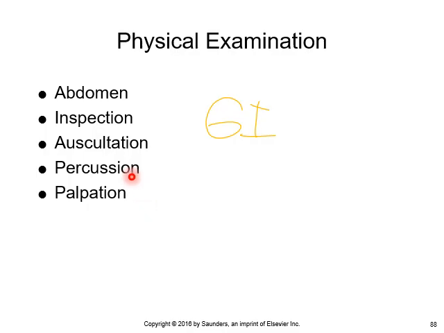So when you auscultate after you already manipulated the abdomen, it's not going to be accurate. That's why when we do a GI physical examination, we do inspection, auscultation, percussion, and palpation. Again, you look, you listen, and then you touch.